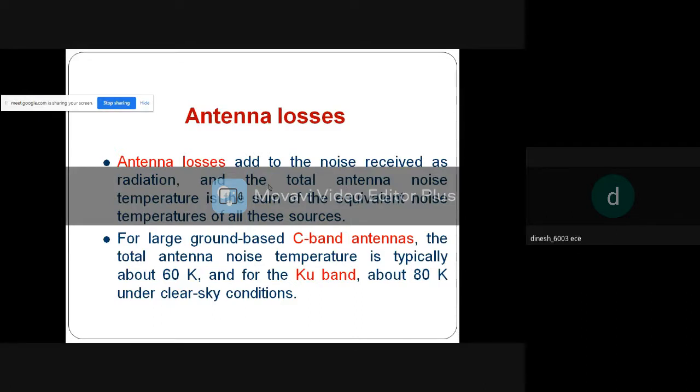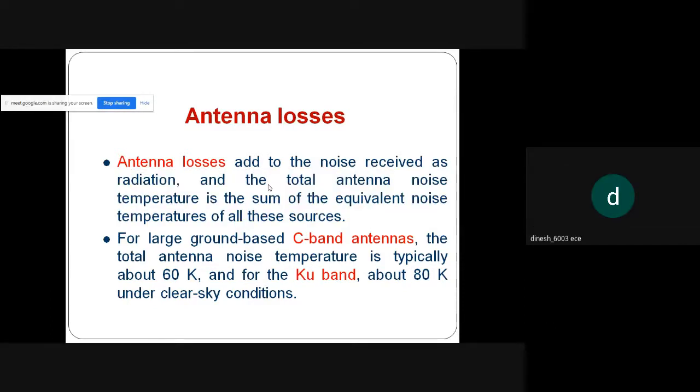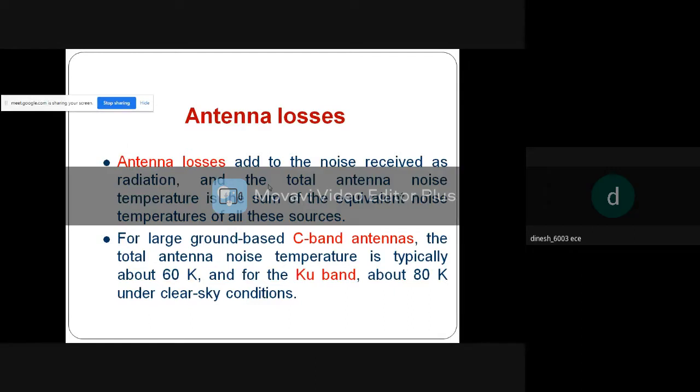For larger ground-based antennas, C-band is used, and the noise temperature is typically about 60 Kelvin. For a Ku-band antenna, it is about 80 Kelvin.